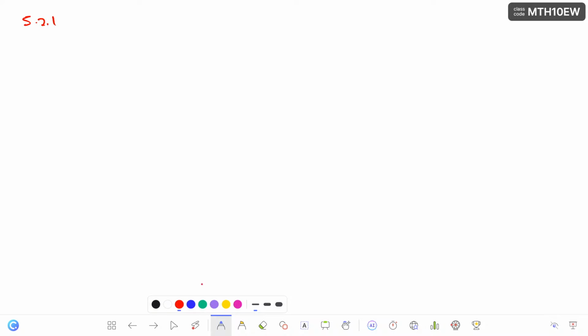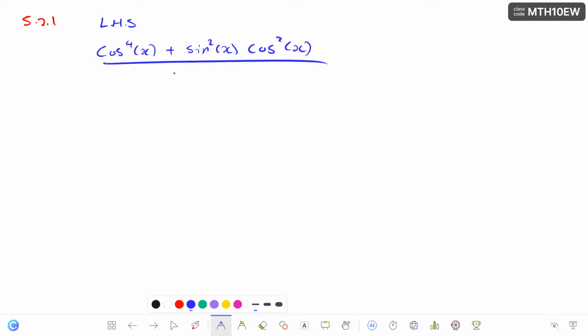5.2.1. Okay, so we're using the left hand side, right? So cos 4x plus sine square x cos square x divided by 1 plus sine x.